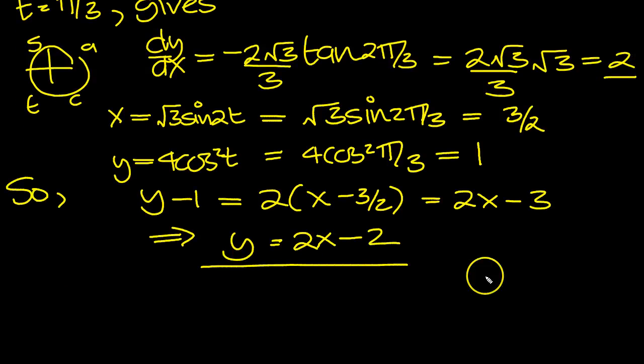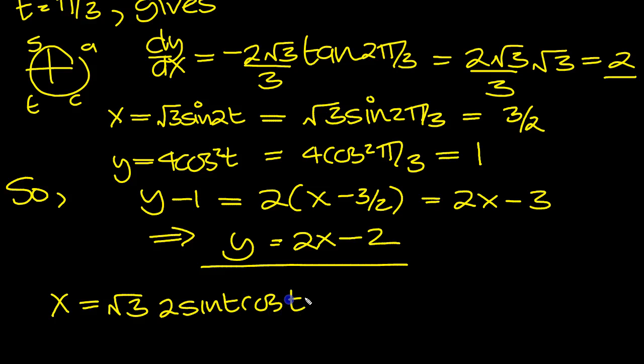So, what did we have then? So here, okay, so x is equal to root 3 times 2 sine t cosine t. That's what x is equal to, using the double angle formula. And y is equal to, so cosine squared t then is equal to y over 4.